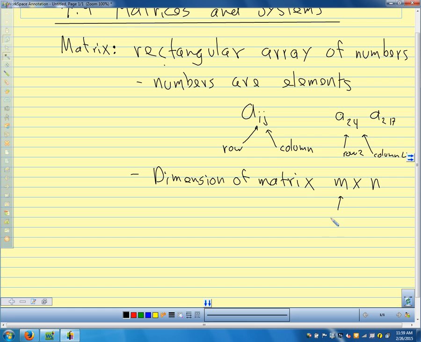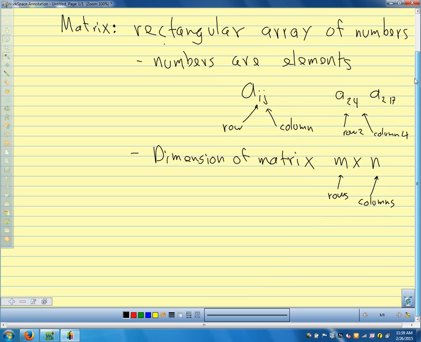This tells us how many rows, and this tells us how many columns. So we say a 2x2 matrix, a 3x2 matrix, and that's talking about the rows and the columns. A square matrix is just n by n: same number of rows as columns.